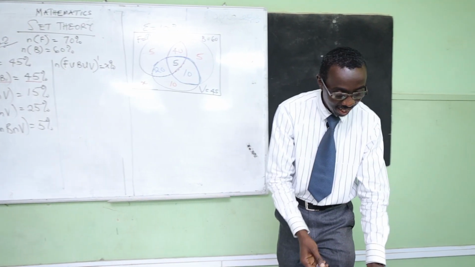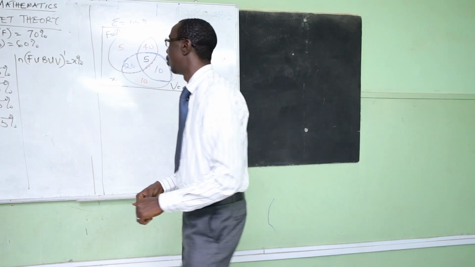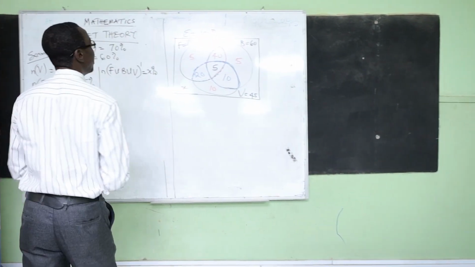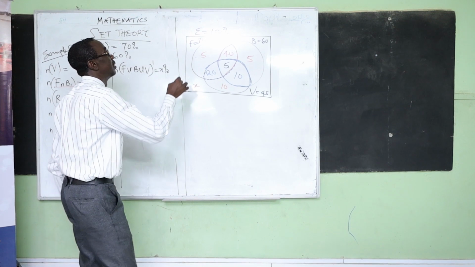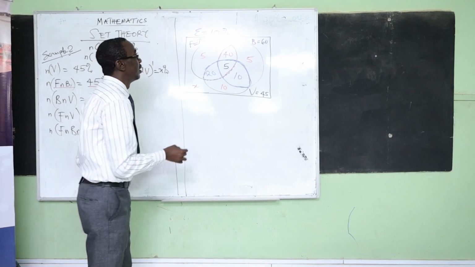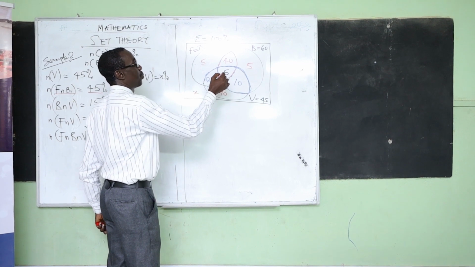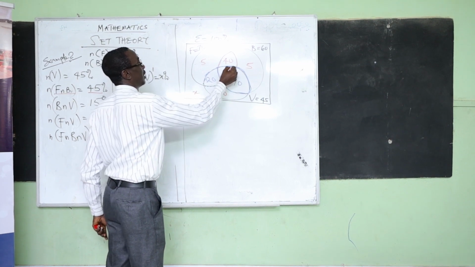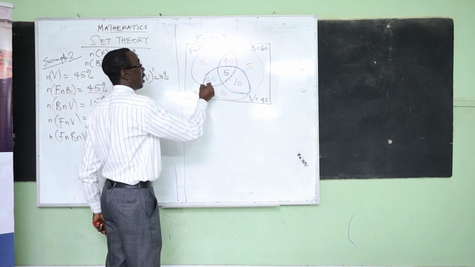How do we identify football and volleyball only? You go to football and volleyball. This is football. This is what? Volleyball. Football and volleyball. Where is the intersection? This is the intersection. Right?